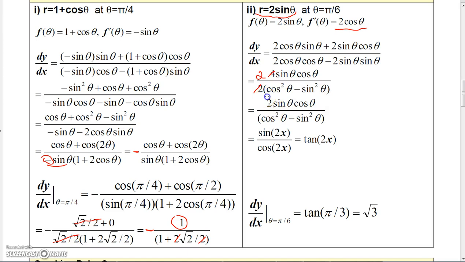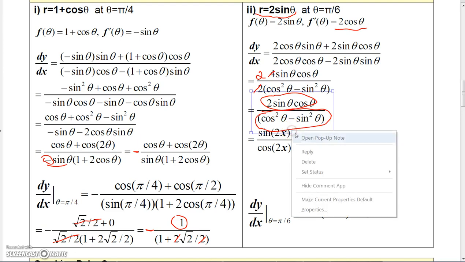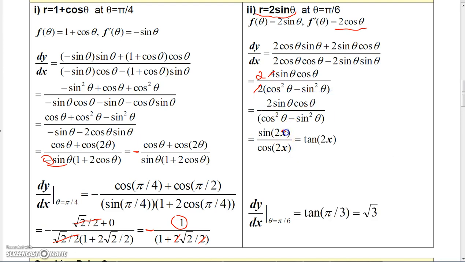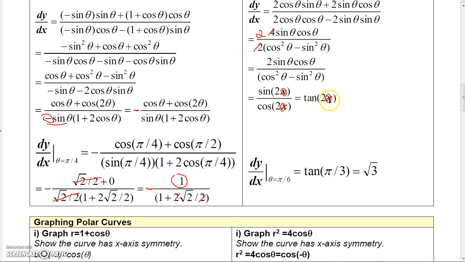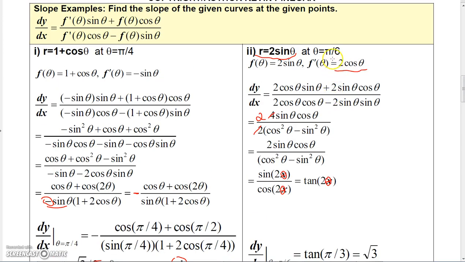Well, finally, this can be written as sine of 2 theta, and this can be written as cosine of 2 theta. As you can see, I used x just to have it there instead of theta. So that's sine 2 theta over cosine 2 theta, and that's actually going to be tangent of 2 theta.